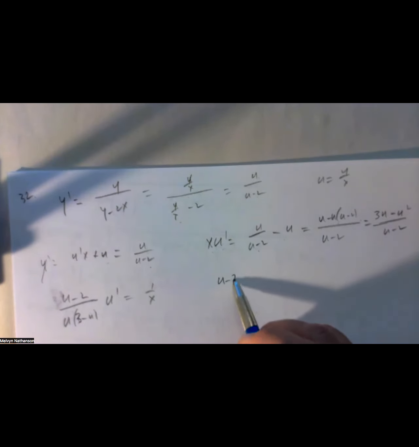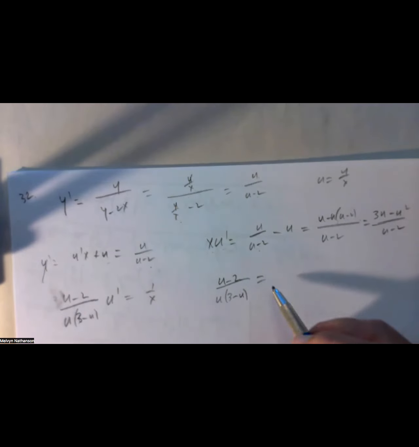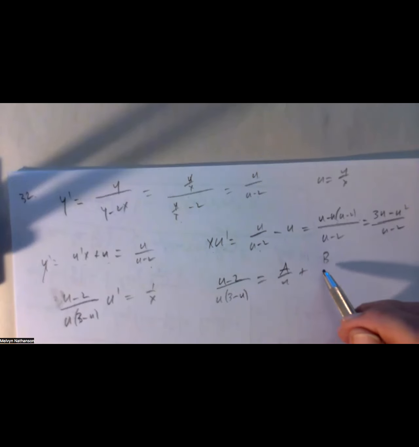So I want to integrate this to find u. So I want to expand u minus 2 over u times 3 minus u into partial fractions, say a over u plus b over u minus 3. Say it's same as 3 minus u.